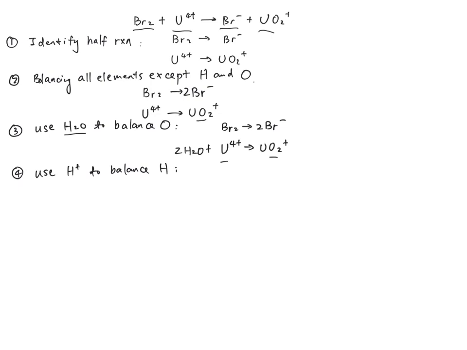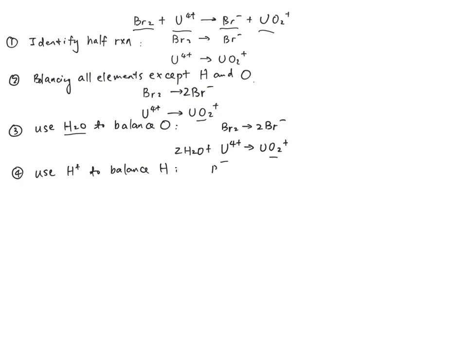Now, notice that this time we're using not H2 molecules, not hydrogen atoms, to balance the hydrogen in the equation. The reason, of course, is that both H2 molecules and hydrogen atoms don't exist in an aqueous solution, in a solution environment.